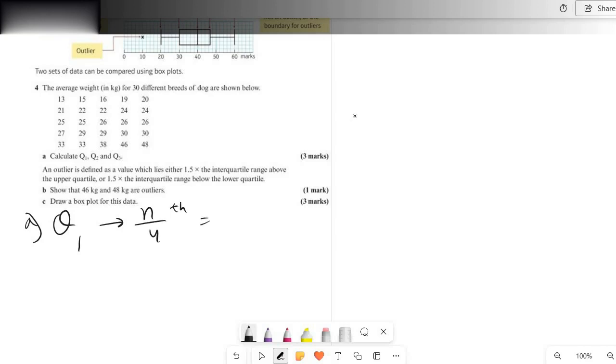In this case, it's 25 divided by 4, which is 6.25. And if you remember, whenever we have a value that is not a whole number, we always have to round it up, so this is going to be the 7th data value. If you count from here, there are 5 here, this is the 6th term, and the 7th term is 22. Therefore, Q1 is 22.